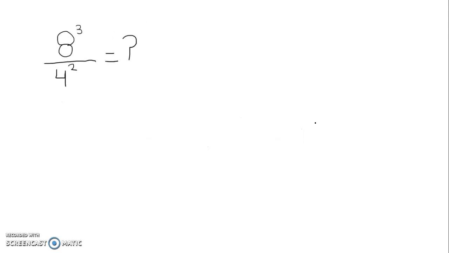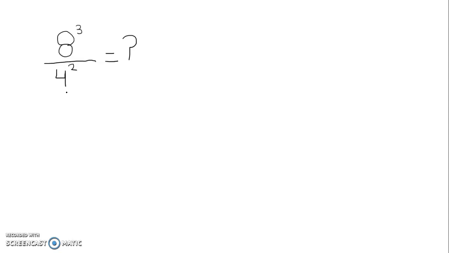Now let's return to our previous question that we were talking about before, which was 8 cubed divided by 4 squared. Now, as we know, we cannot use one property to solve it, and we have to use multiple. But we know that 8 and 4 can both be written as an equivalent exponent with a 2 as the base and then different exponents.